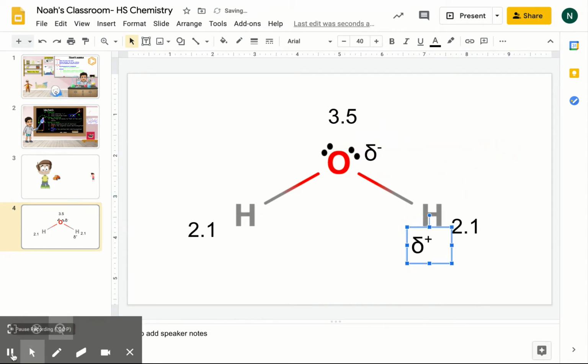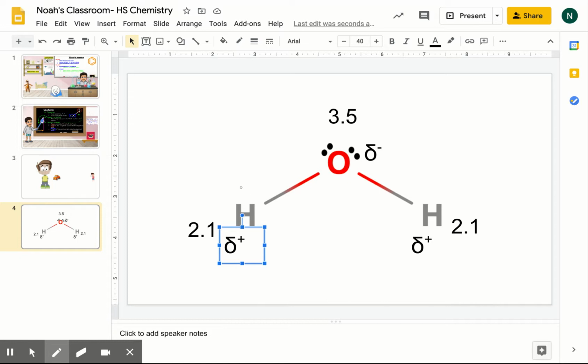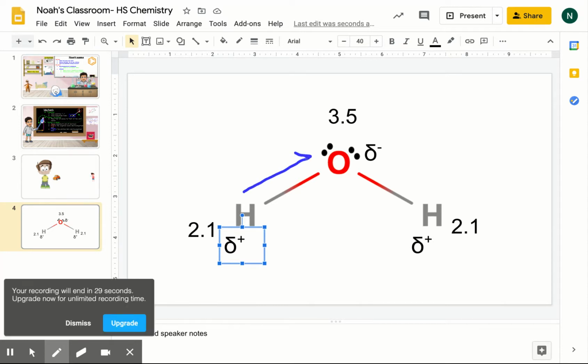Now there's two more steps that we have to do, and the first one is drawing the dipole arrows. So remember, we're going to represent the pull of the electrons with an arrow, and the arrow is going to start at the positive end and go towards the negative end.